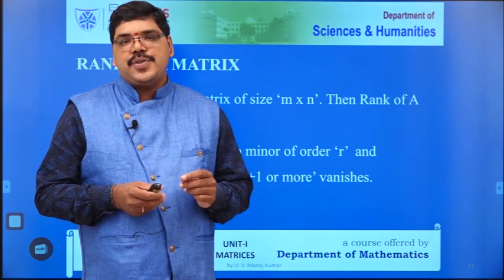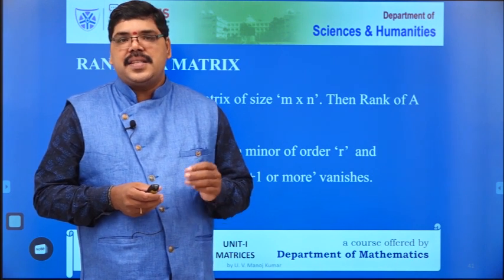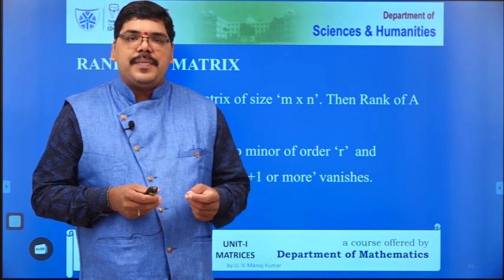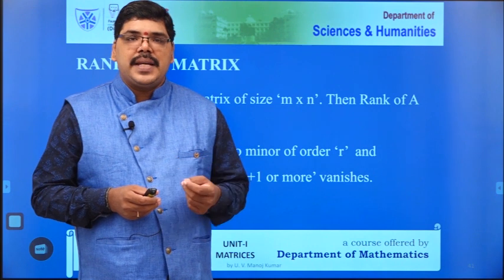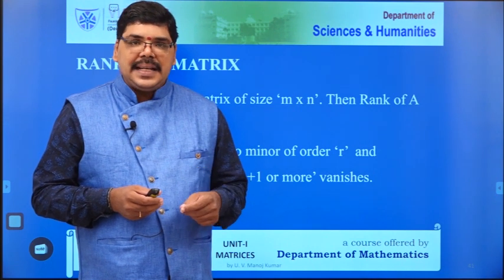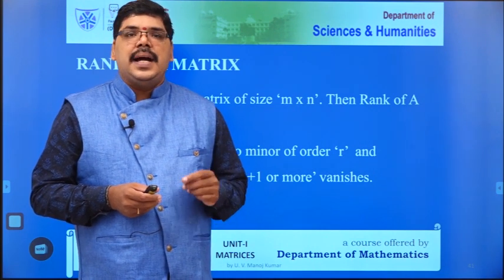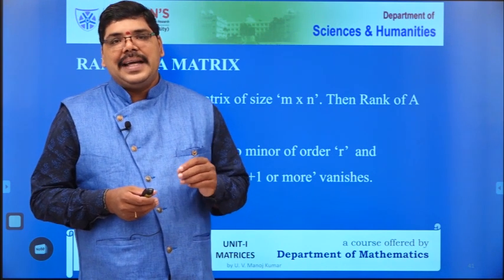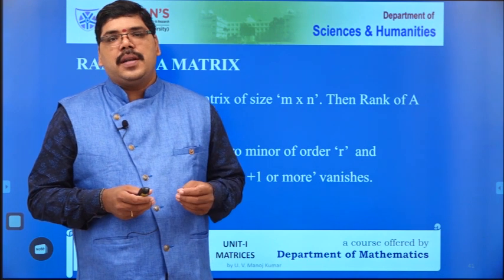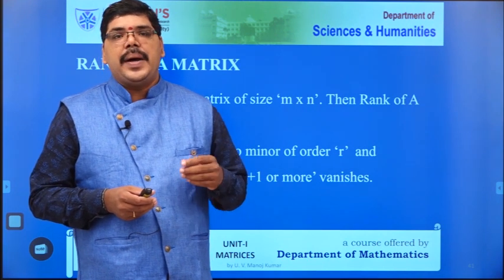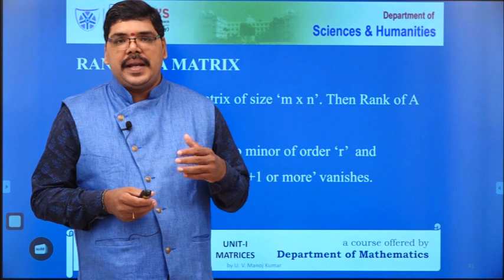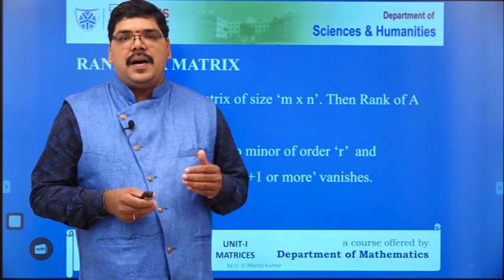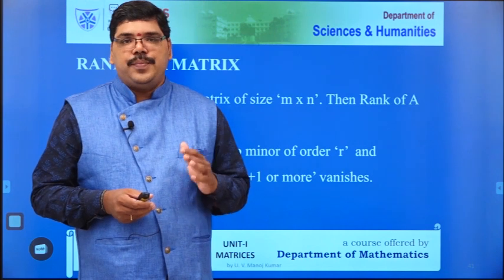Suppose I want to say that rank of a matrix is 3. When can we say rank of a matrix is 3? There should exist a minor of order 3 which is non-zero, and every minor of order more than 3, that means minor of order 4, minor of order 5 and any other minors of higher order, should become 0.